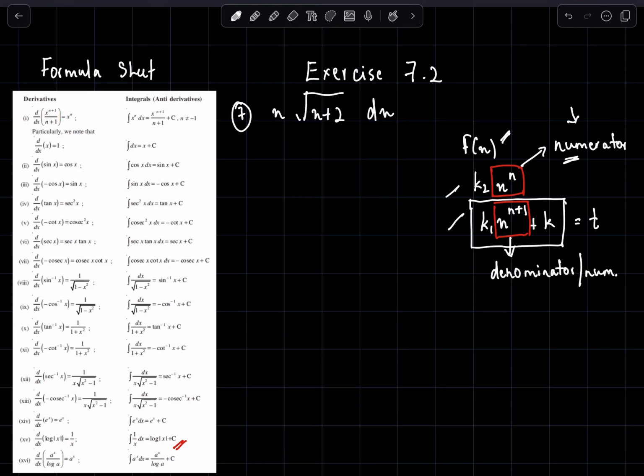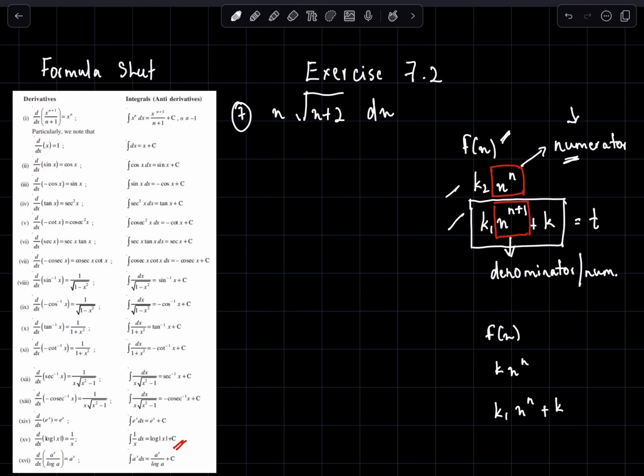Now you come across an interesting case. The powers are the same, so you don't have an x of n plus 1, so we've got a new case, a new trick. Basically, if the powers are the same, now the new one, okay? So if there is a function f of x, such that you have a value k of x to the n and another value k1 of x to the n plus k.